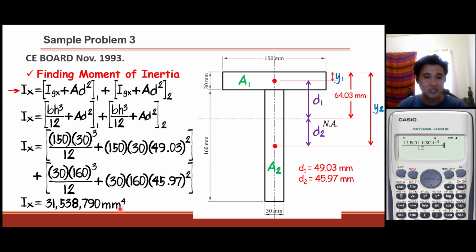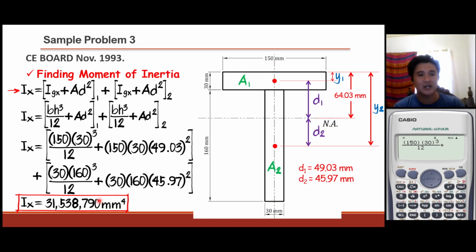Ang unit niya ay millimeter raised to the fourth. Hindi ko palabas sa calculator ko, pero tama yan. Yan yung moment of inertia with respect to x for this particular cross-section. So that is yung first part now of finding the moment of inertia natin. Okay? So that is yung with respect to x.